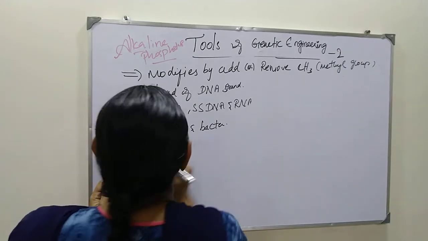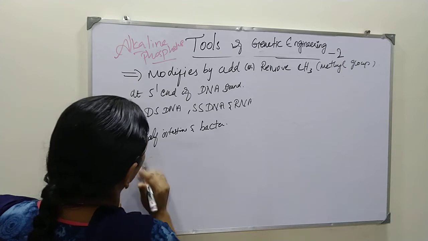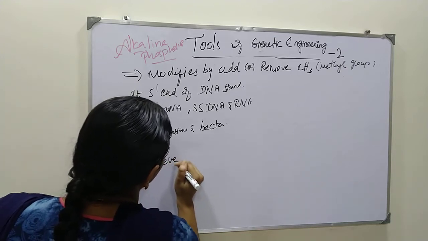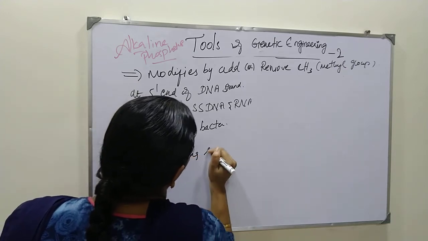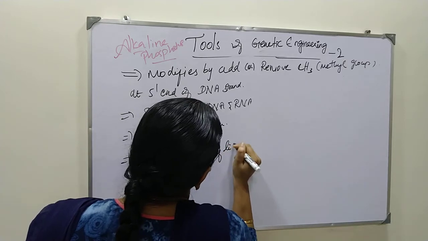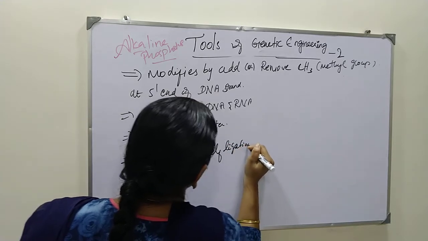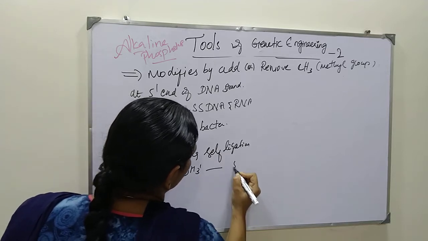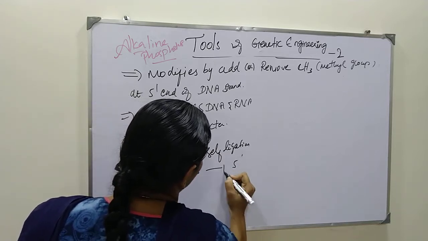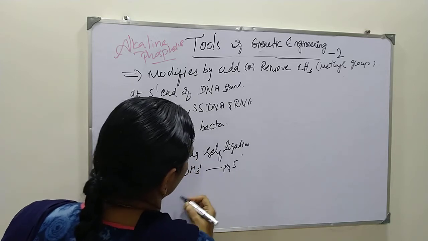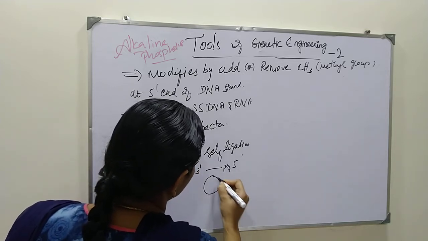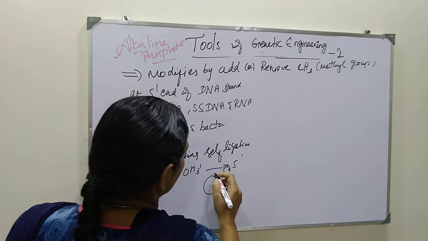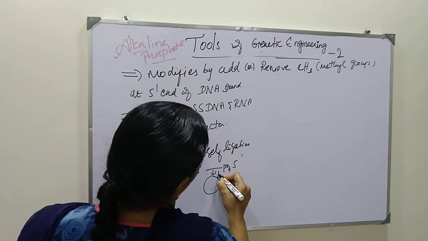One more point: it avoids or prevents self-ligation. What is self-ligation? Suppose the 3' end and 5' end of the phosphate get circularized by this DNA ligase.